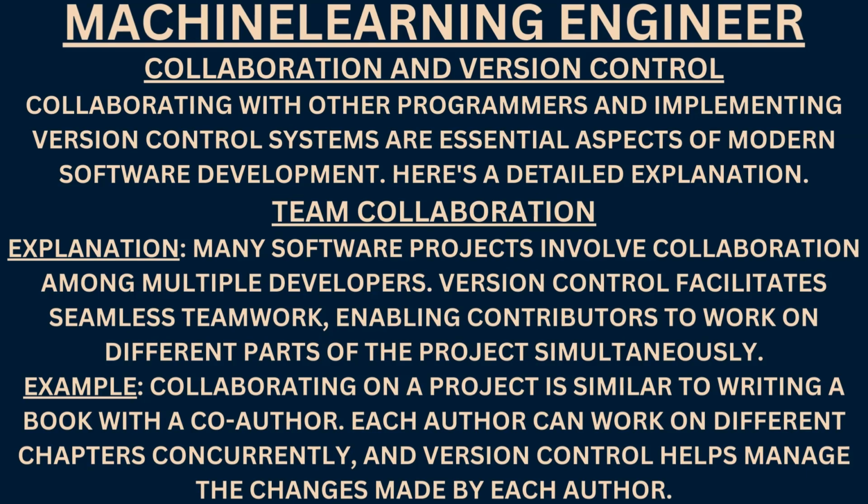Version control facilitates seamless teamwork, enabling contributors to work on different parts of the project simultaneously. Example, collaborating on a project is similar to writing a book with a co-author. Each author can work on different chapters concurrently, and version control helps manage the changes made by each author.